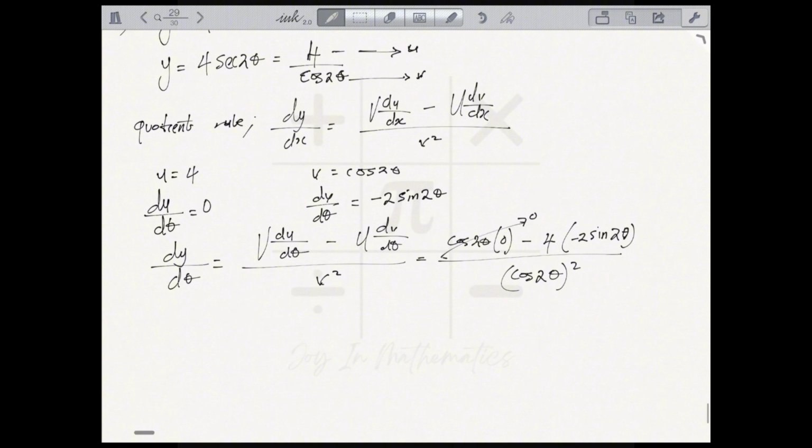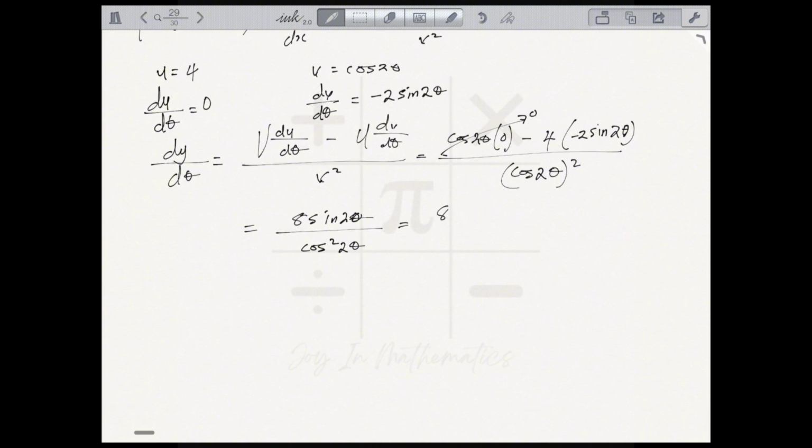So this turns to 0, and thereafter we are left with 8 sine 2 theta divided by cos squared 2 theta. Solving this further, we can rewrite it as 8 sine 2 theta over cos 2 theta multiplied by 1 over cos 2 theta. So we can write our dy d theta as 8 tan 2 theta sec 2 theta.